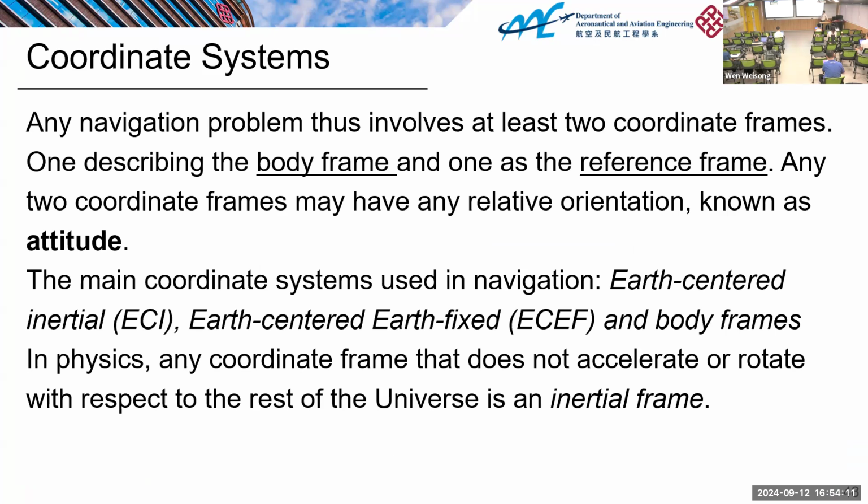The first one is the body frame. For example, for the drone, the body frame is fixed to the drone. The second one is called the local frame, the ENU, the east, north, up frame. The third one is called ECI, Earth-centered inertial. The last one is called ECEF, Earth-centered, Earth-fixed.